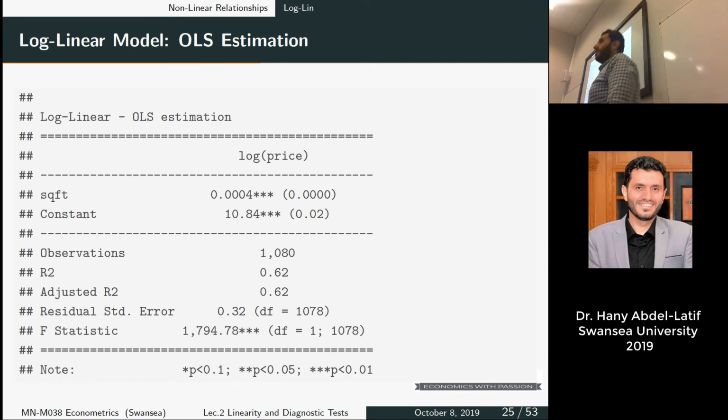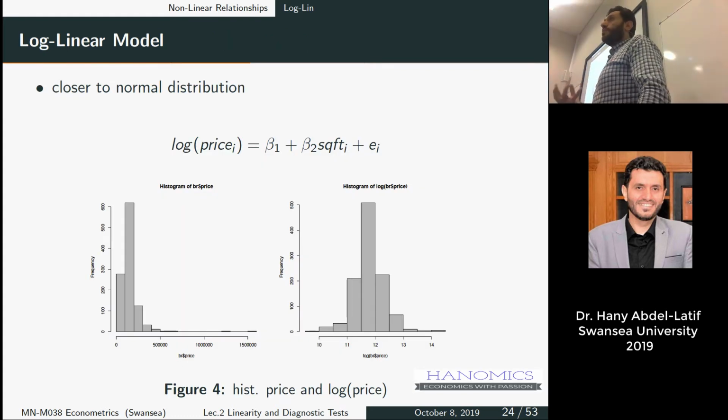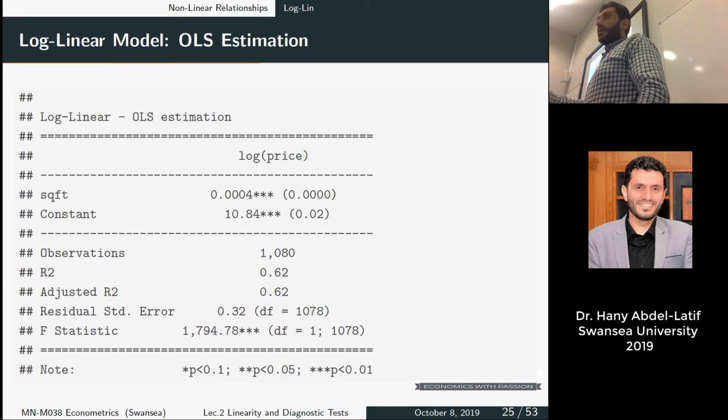Okay, so let's go back to this. What does that mean now? The square feet is the x, our independent variable. So if you have one house with one extra square foot in size or area, we would expect the price to increase by, multiply this by 100, 0.04%.